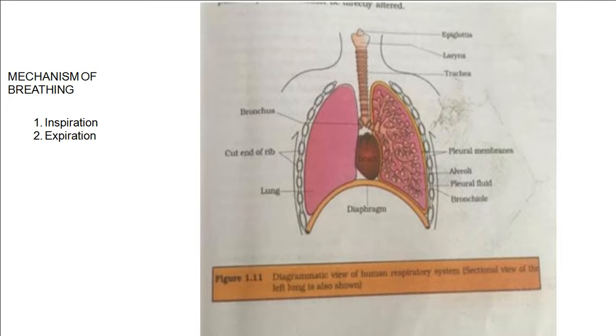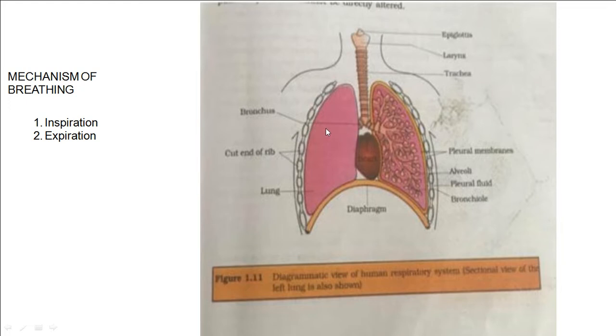Then we have the trachea. You can see here the trachea, the windpipe, a straight tube. The trachea is continuous with the bronchi and bronchioles.